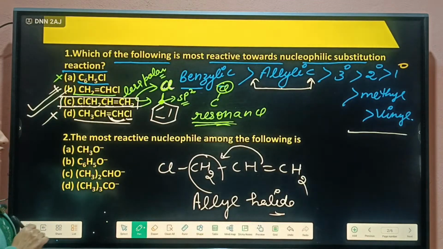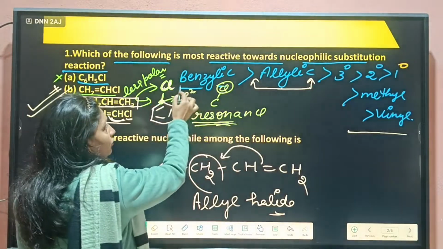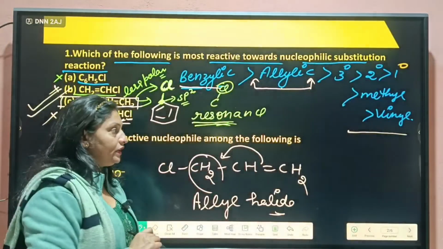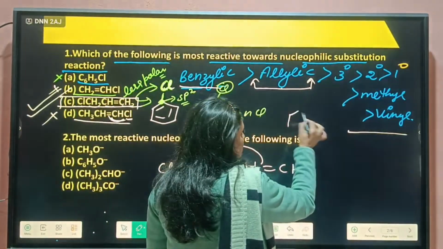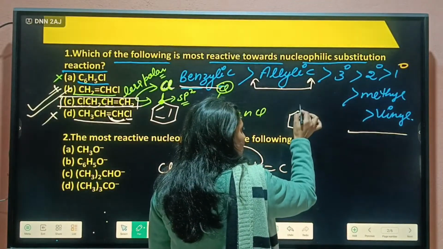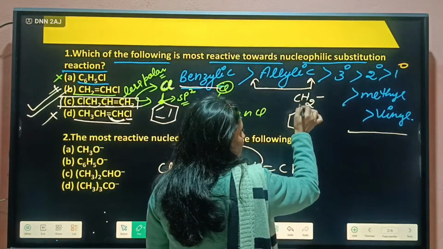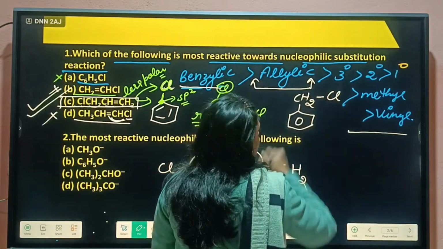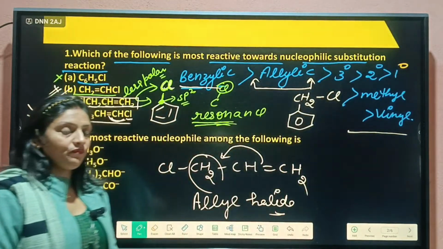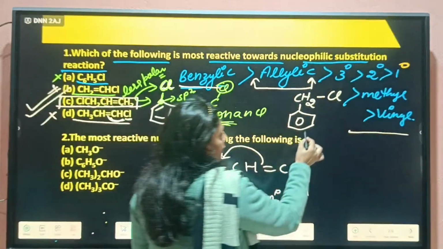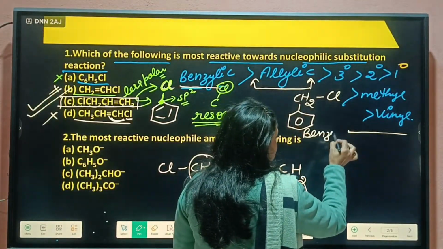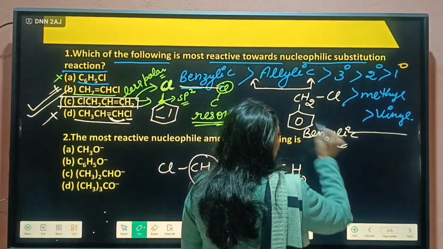And if you have benzylic also in the options, then you will go with benzylic. What is benzylic? When a benzene ring is attached, C6H5CH2Cl. This one is benzylic chloride. If you have this one also in the options, then you will go with this one.